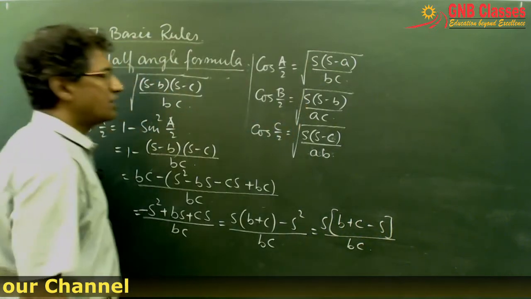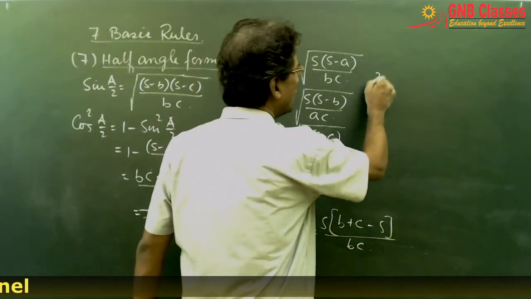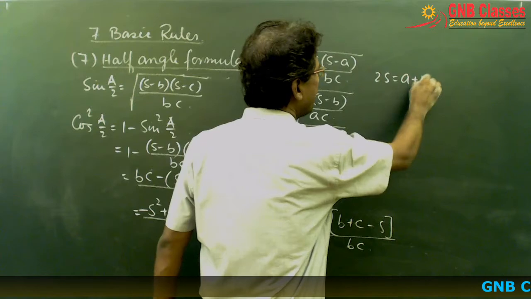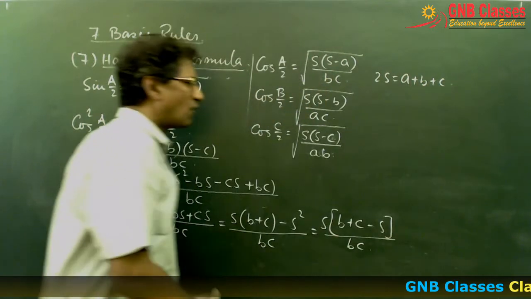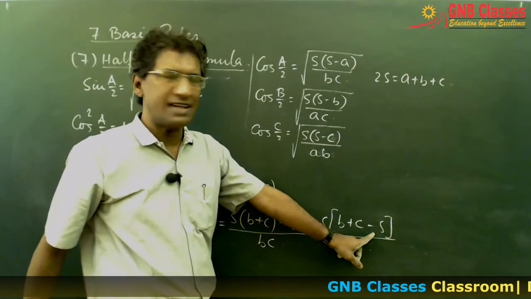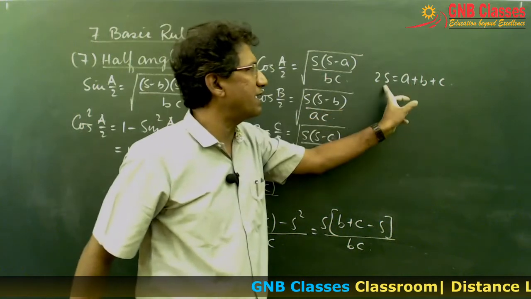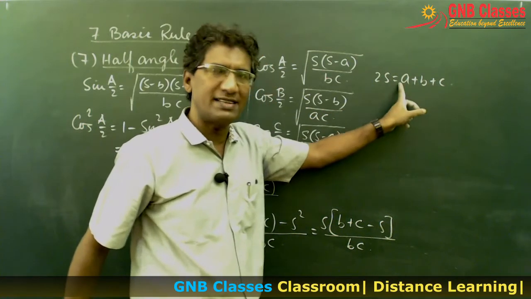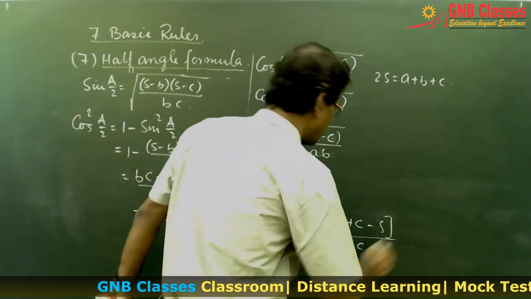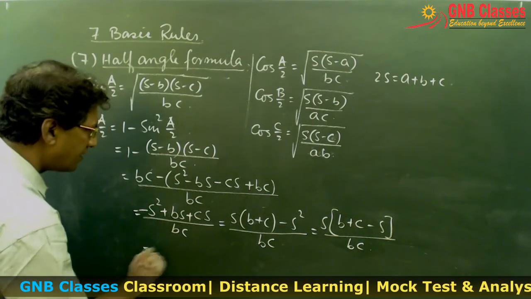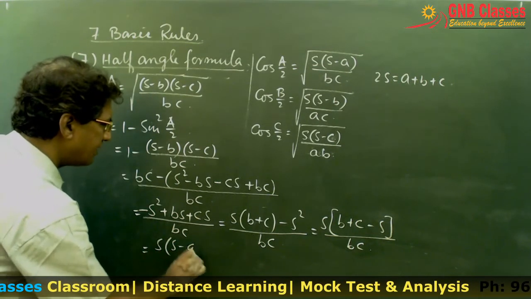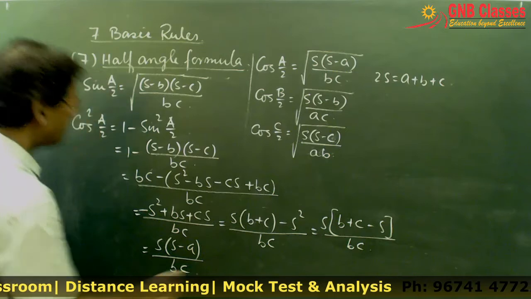Is it clear? Now we all know that 2S is A plus B plus C. So what will be B plus C minus S? B plus C minus S will give you S minus A. So this can be written as what? S into S minus A divided by BC.